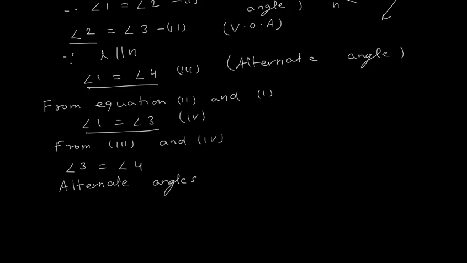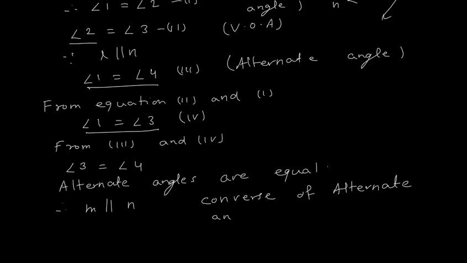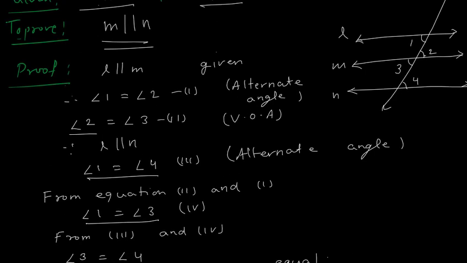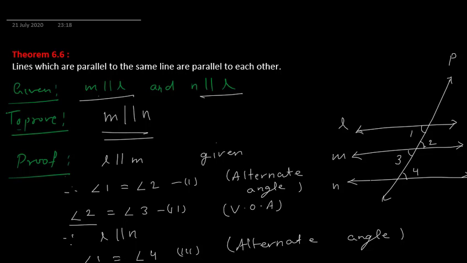Now when alternate angles are equal, therefore I will say that line M is parallel to N. This is converse of alternate angle theorem. So line M is parallel to line N. M and N, they are parallel.